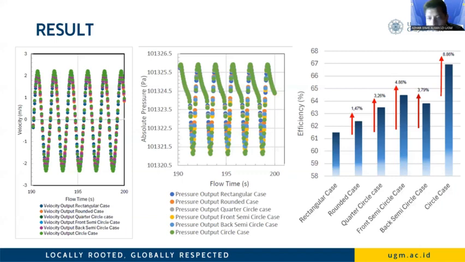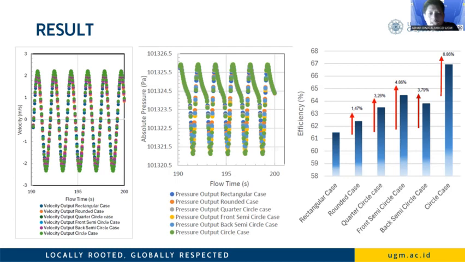The data obtained from ANSYS is the speed and absolute pressure data. This data is used to calculate the power, and from the data, the underlip modification is capable of improving efficiency.